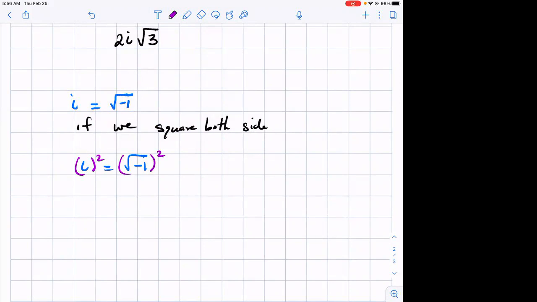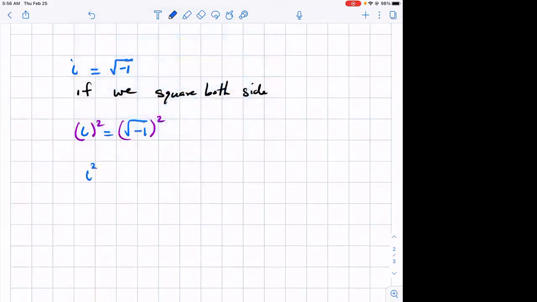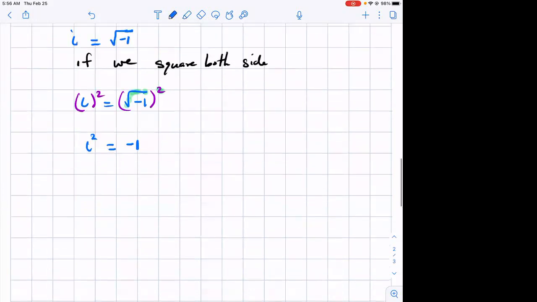Okay. And if we square both sides, we end up with i squared. And remember that the square will cancel out the square root, and that leaves us with -1. So i squared happens to be -1. So we're sort of like building here, right?